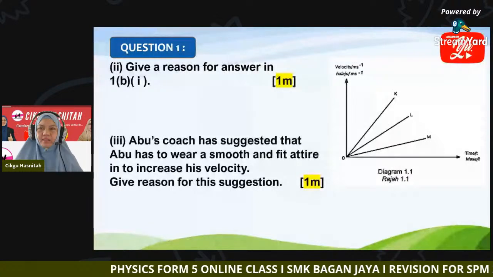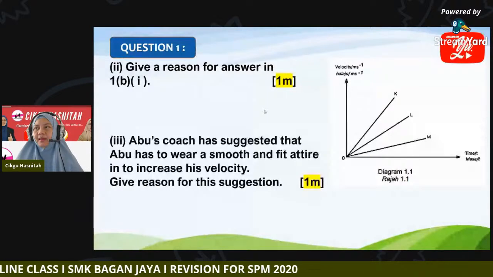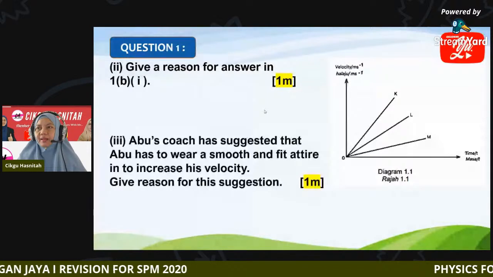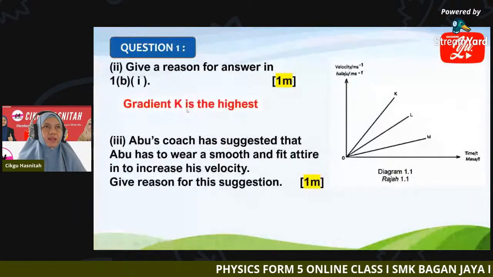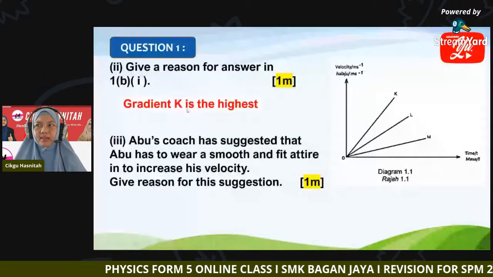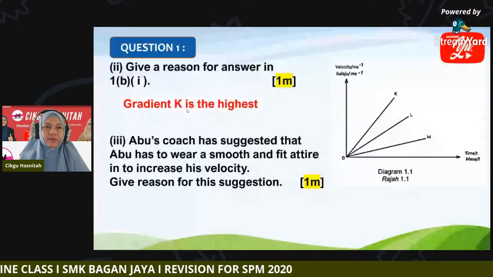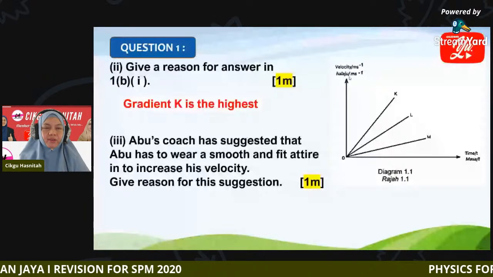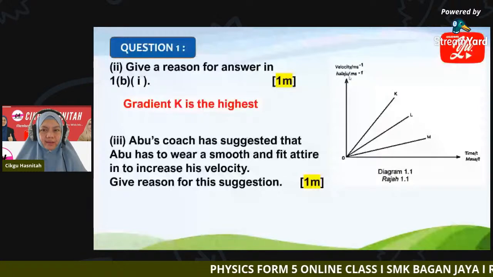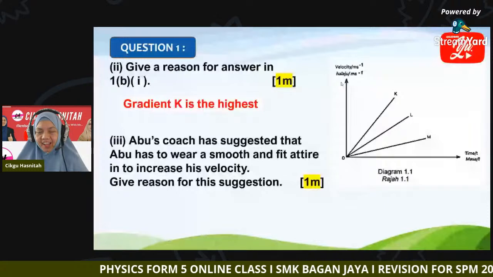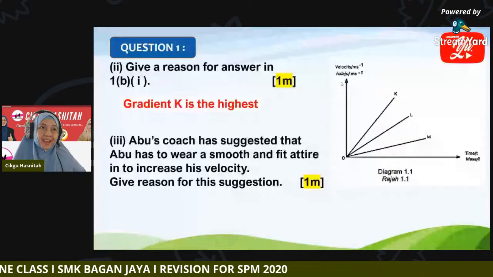This is because, yes, okay. If you look at this graph, the gradient of K is the highest. K shows the highest gradient. Remember, when you are given a velocity-time graph, the acceleration is given by the gradient. Wei Liang says velocity is higher and time taken is shorter.